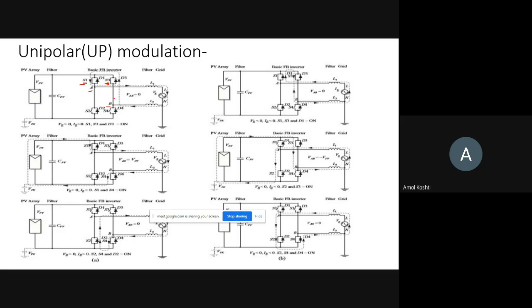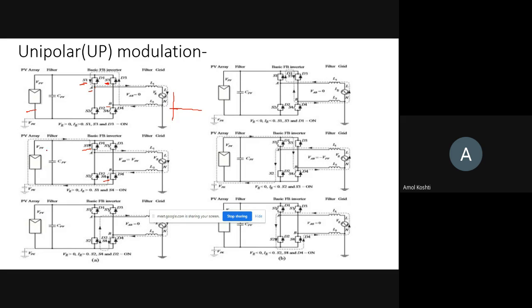In that case, the PV system is not connected here, so initially the zero output would be produced, because the source is not connected. Then in the next step, two diagonally opposite switches are turned on, like bipolar modulation.